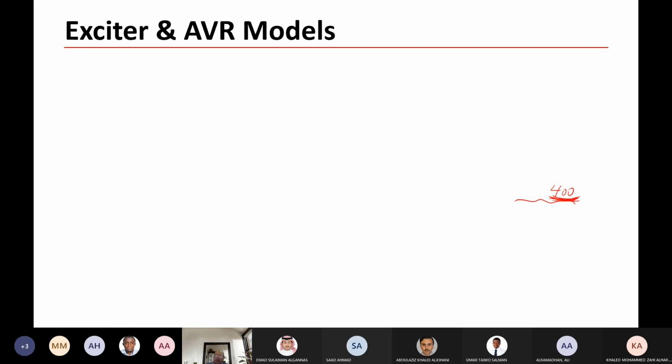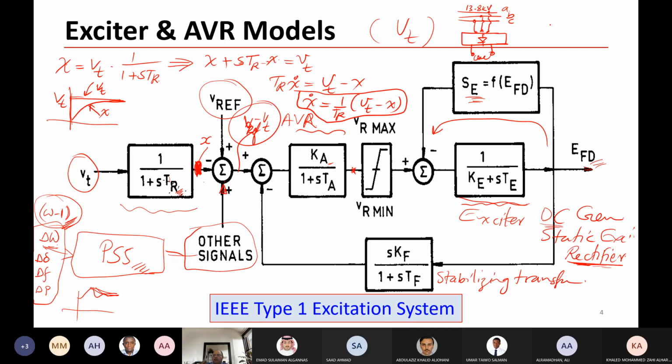Let us see here if you have a generator. You can have a DC generator. This is the synchronous generator, this is the main, and you have here the DC generator. This is the exciter. The exciter here is mounted on the shaft. So you have mechanical power input, the shaft is rotating, and you have DC output here for the field winding.